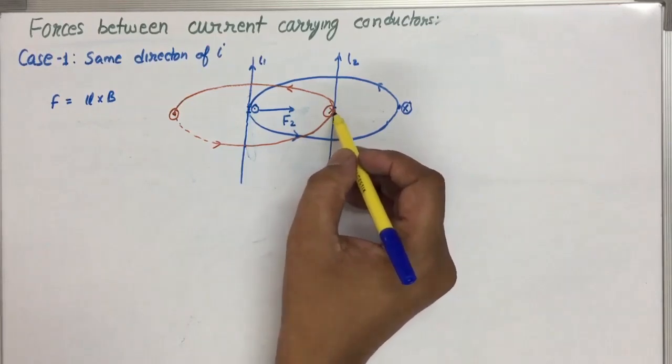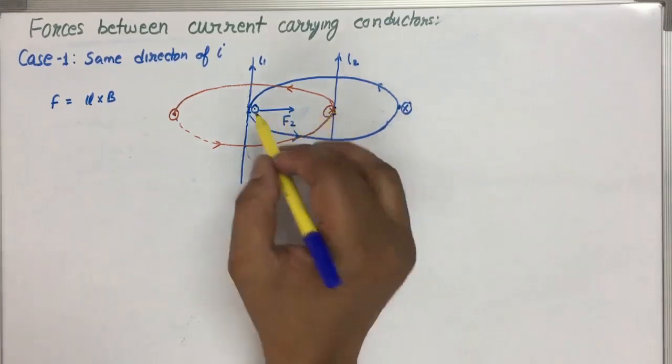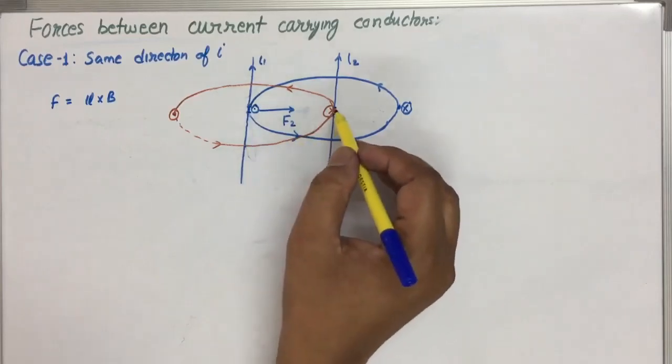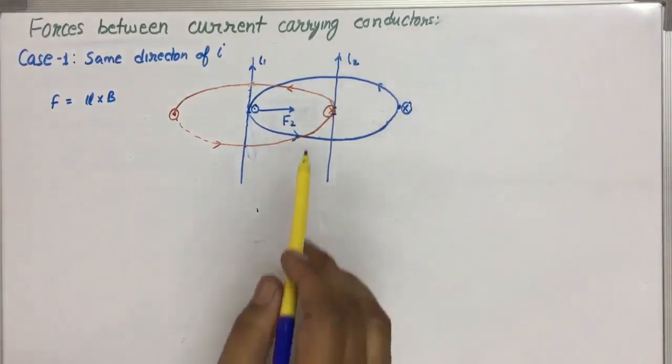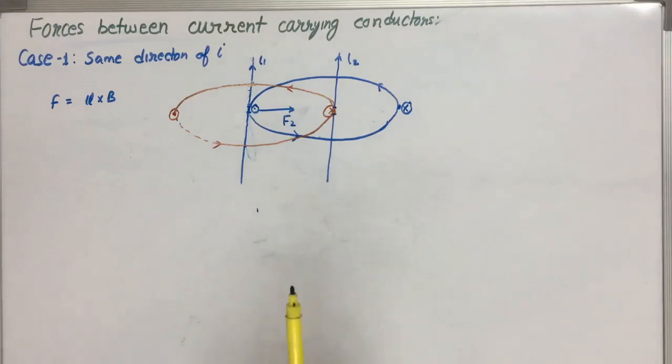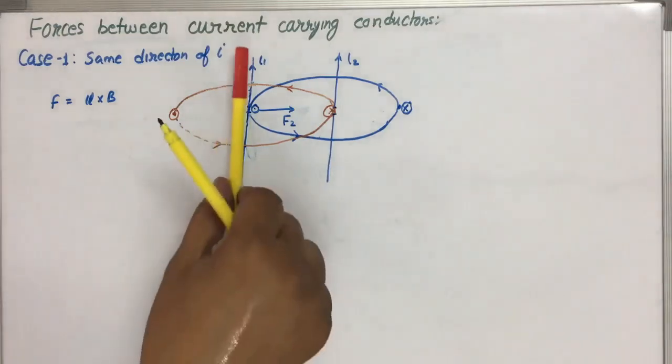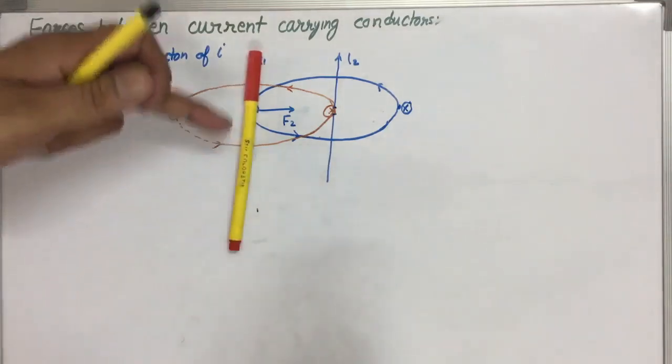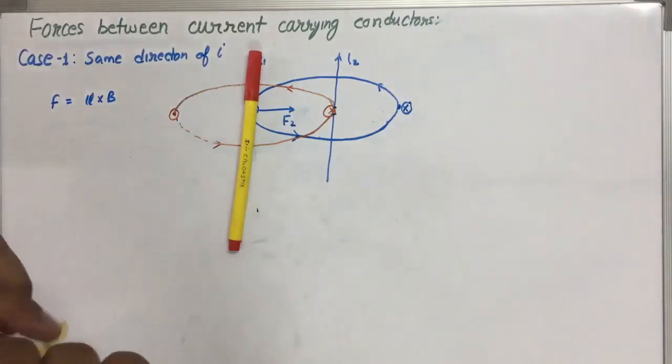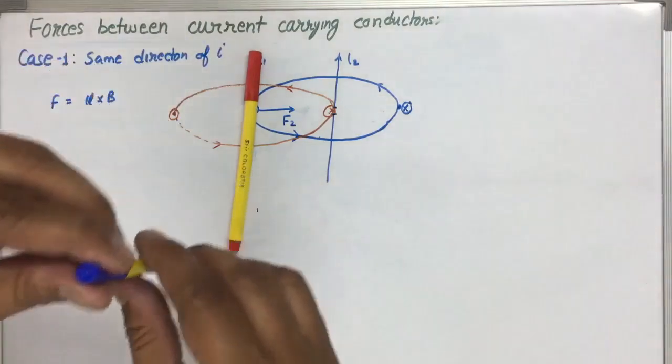Why are we interested in this? Because this is the charge I dl, that is moving charge. It will experience a force due to this current. That's why we are interested at this point. And at this point, I dl will be in this direction, in the direction of the current, and the field will be downward.